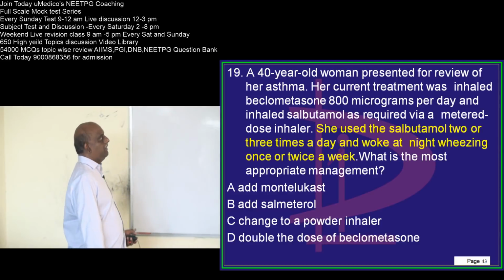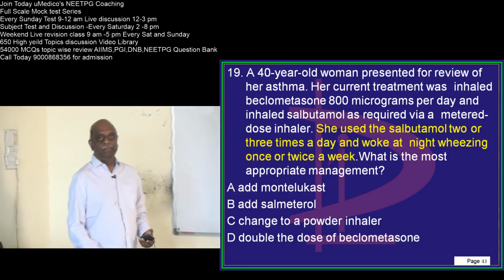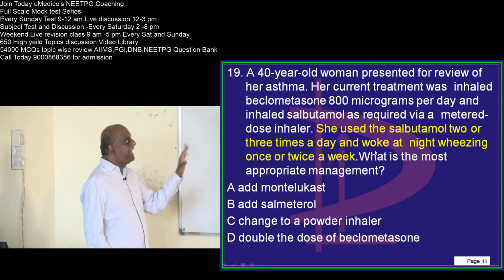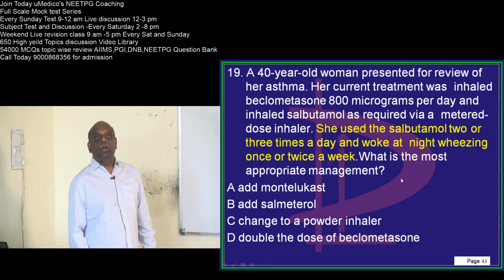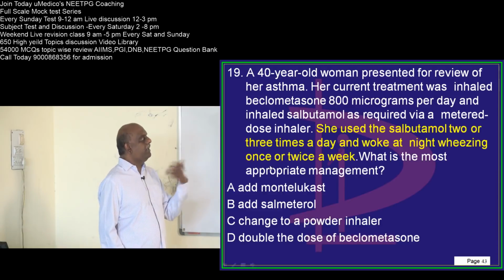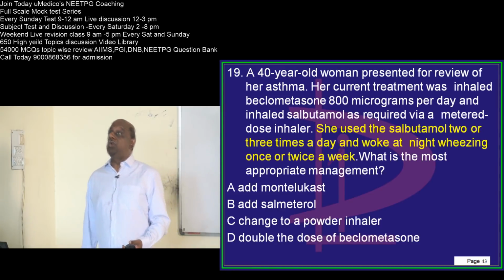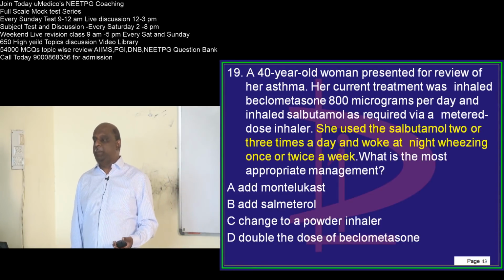A 40-year-old with asthma, and she used salbutamol 3 times a day. She woke up at night wheezing once or twice a week. In this given case, though using salbutamol, nocturnally she is having bronchospasm.